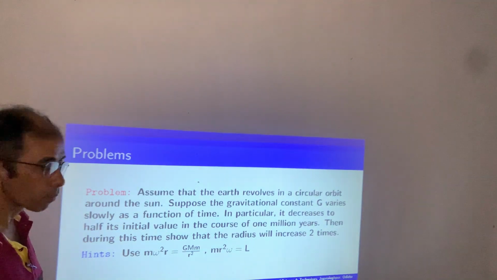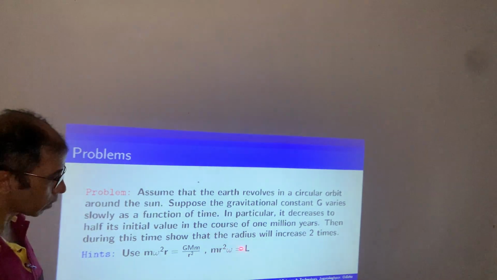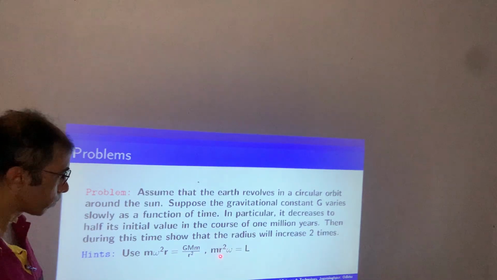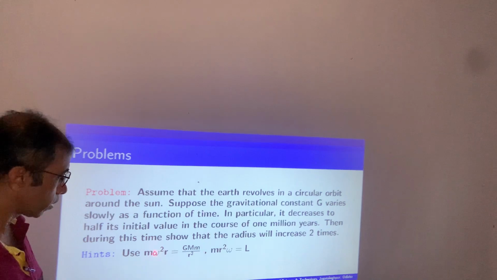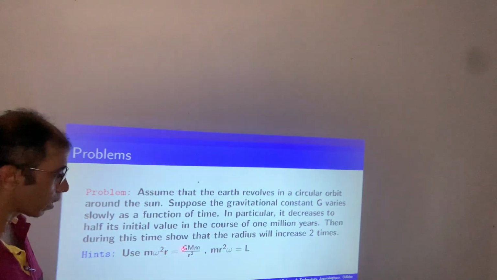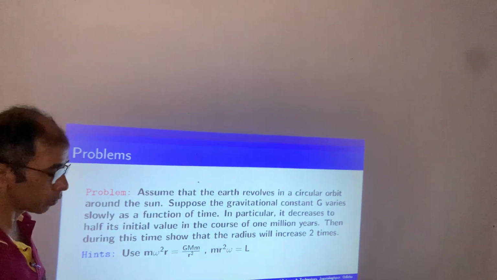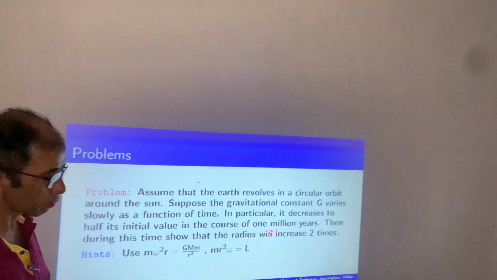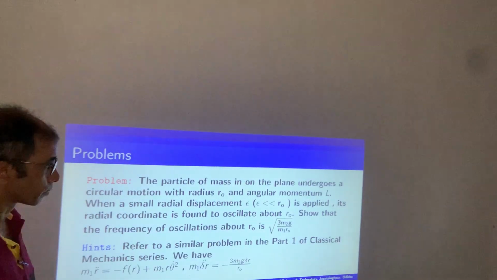Hence, angular momentum will be conserved. So m r squared omega will be a conserved quantity. That's it. You can eliminate omega from here, put it here, and you will get a relation between r and G. And you can see how r behaves with G, and from there you should be able to arrive at this result. Go to the next problem.